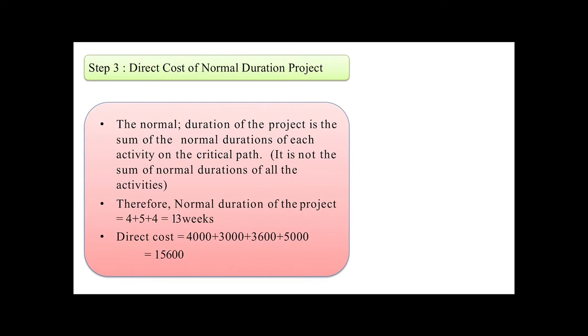And the cost associated with it is given in your first table. So we have to add the cost, and the total cost is 15,600, that is your direct cost. So we add the cost associated with the critical activities, that will be known as direct cost, and the project duration is 13 weeks.